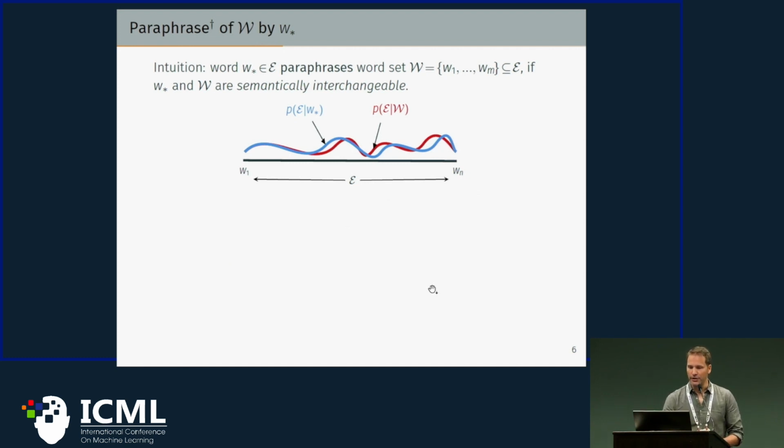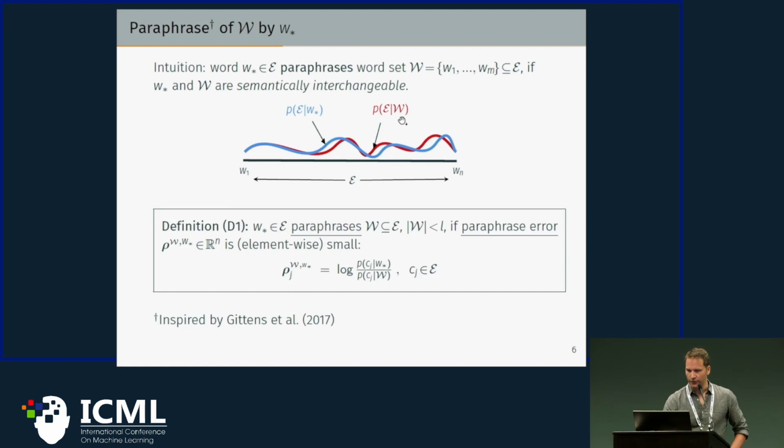And if they paraphrase, then the words we see around them should be similar, i.e. the distributions over all the words in the dictionary given here. This is just a little cartoon. This is obviously a discrete distribution, but we're just looking to give the intuition that the distribution over all the words in the dictionary induced by the paraphrase word, say king, should be similar to that distribution induced by the small set of words, say man and royal.